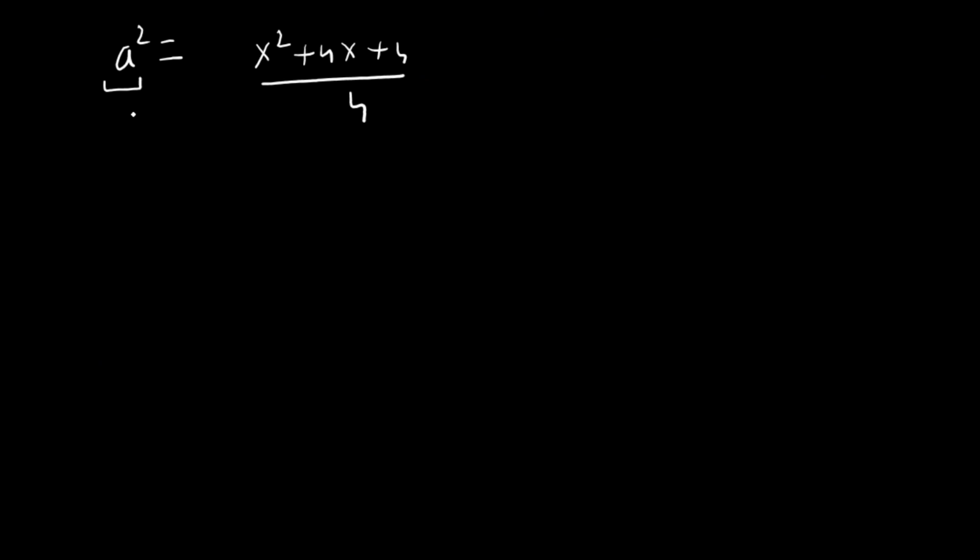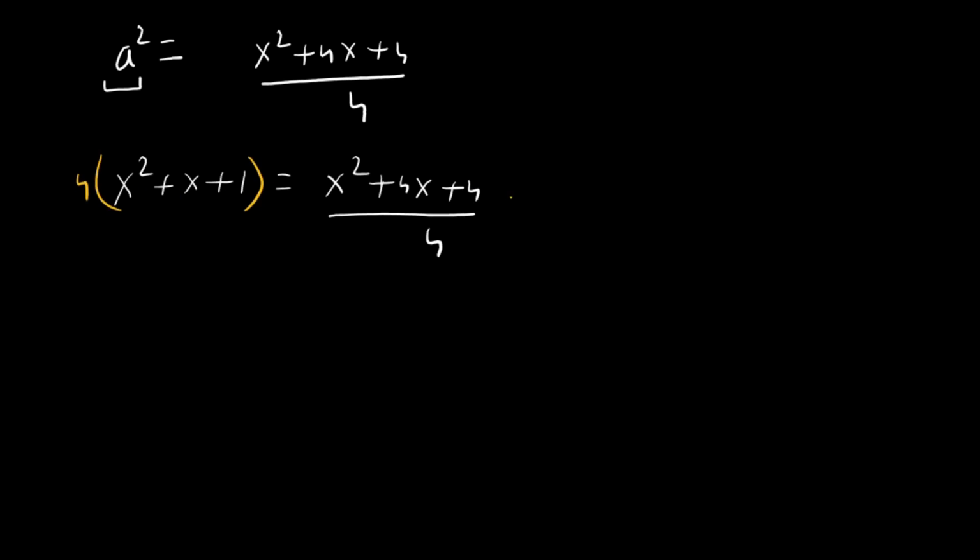So this a square is replaced by x square plus x plus 1, which equals x square plus 4x plus 4 divided by 4. If we multiply both sides by 4, then on the left hand side 4 is multiplied by x square, giving 4x square, 4 is multiplied by x, giving 4x, and 4 is multiplied by 1, giving plus 4.